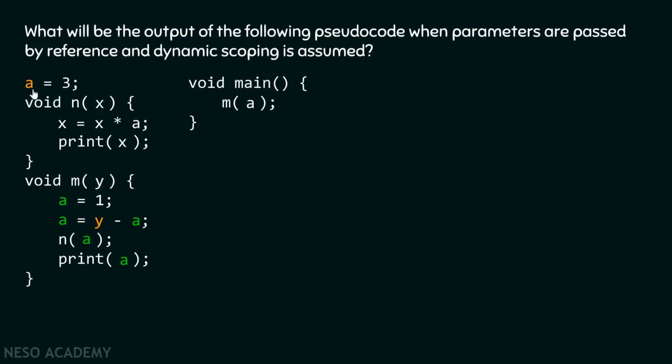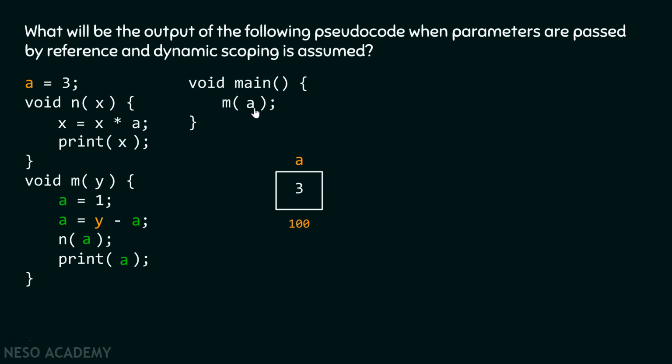As you can see, we have a global variable A which is assigned with value 3. So let me declare this variable over here, variable A with value 3, and I'm assuming the address of this variable is 100. Now as execution starts from main, inside this main function we are calling another function M, and we are passing A to it.